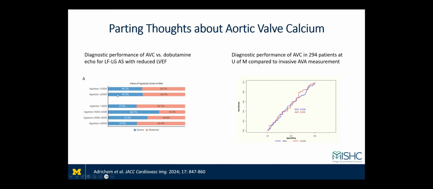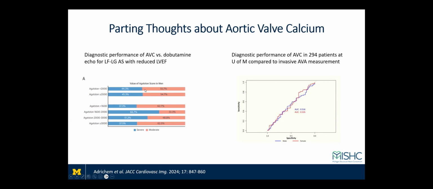And this is shown in men, but women have a similar story here, which is that for patients that had less than severe calcification, we see that 44% of patients still had severe aortic stenosis. And patients that had severe calcification greater than 2,000, 55% of patients had moderate aortic stenosis.